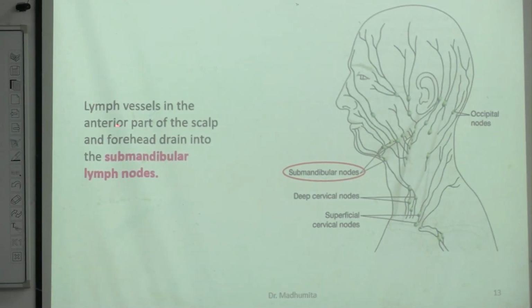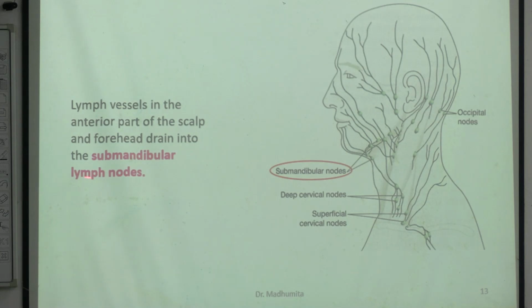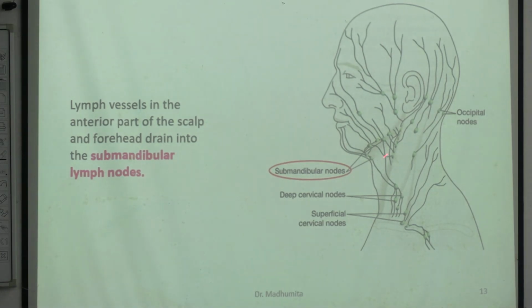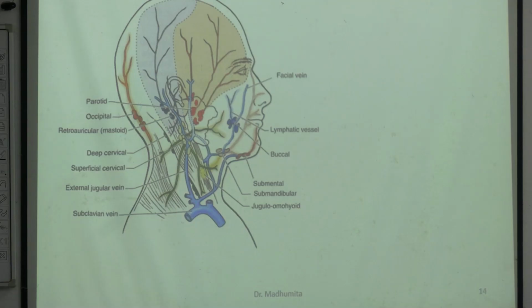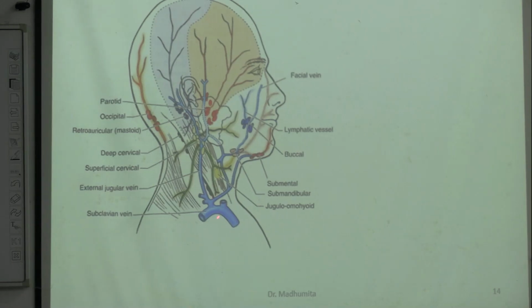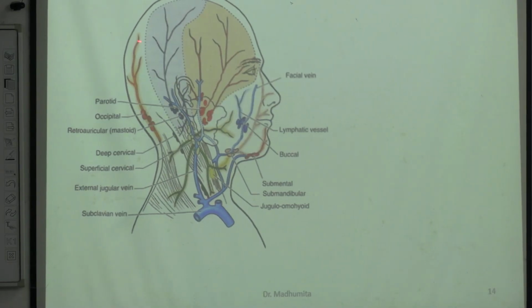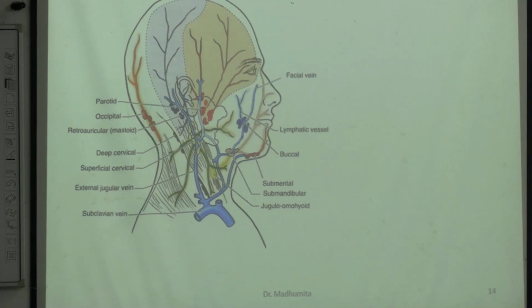Now, lymph vessels in the anterior part of the scalp and forehead drain into the submandibular lymph nodes, and then the deep cervical nodes. Now, you see the lymph nodes, the venous drainage, the arterial supply. Beautiful picture.